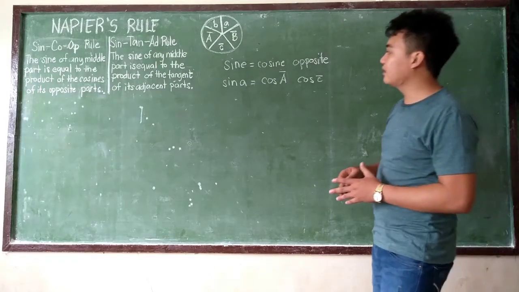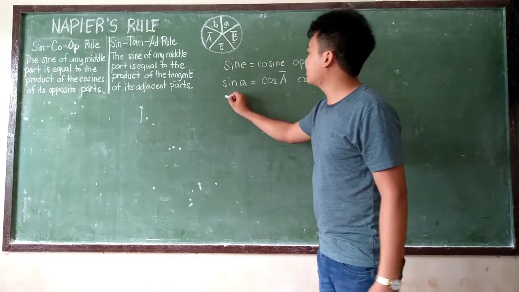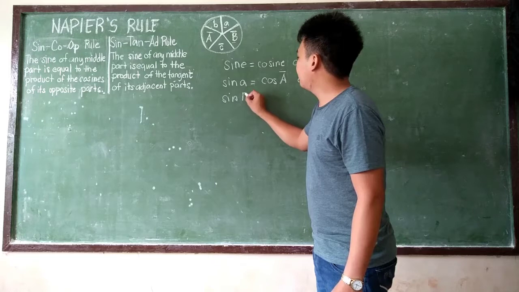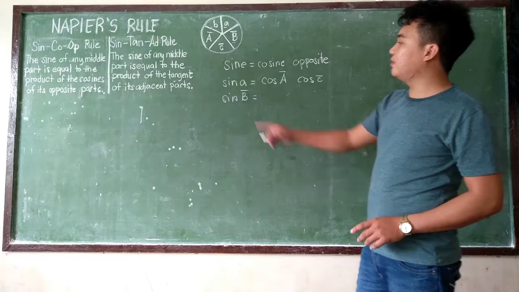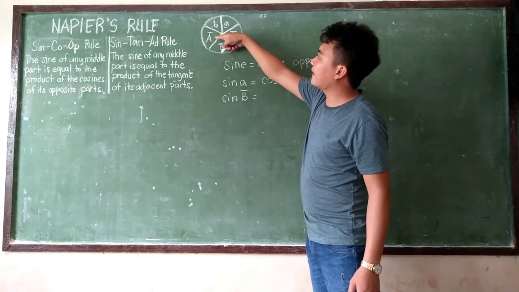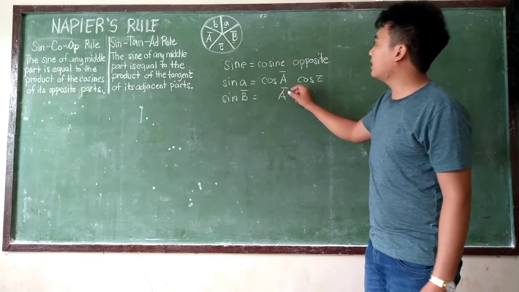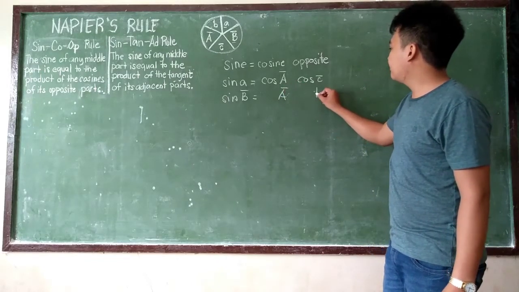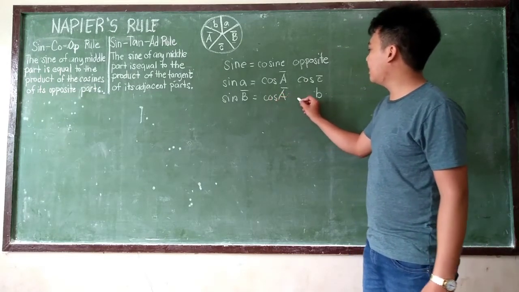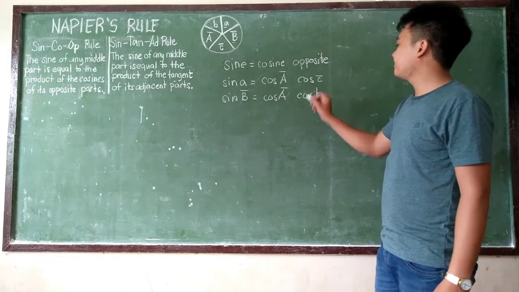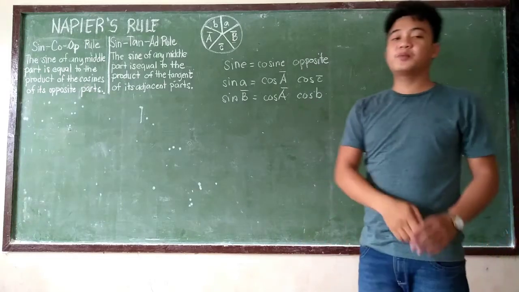Let us have another. For example, sine B bar. The opposites of B bar are A bar and B. So the same, we get cos A bar and cos B. So that is for the sin co rule.